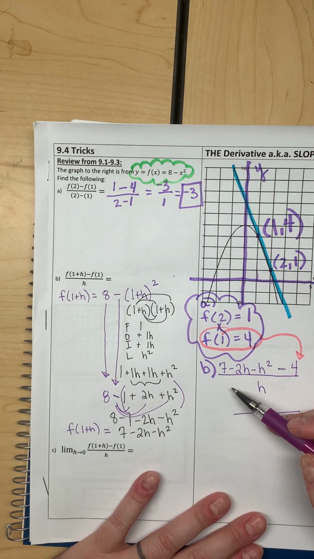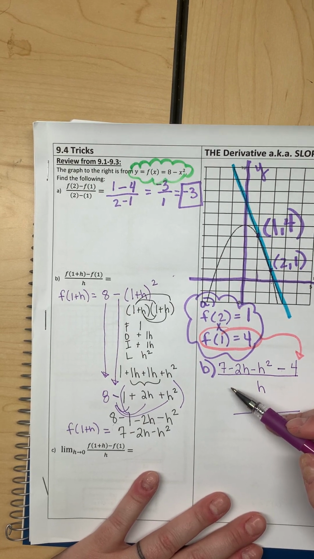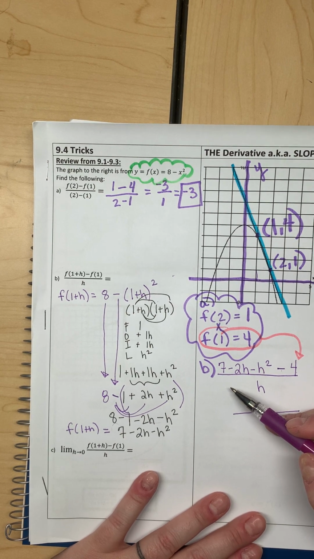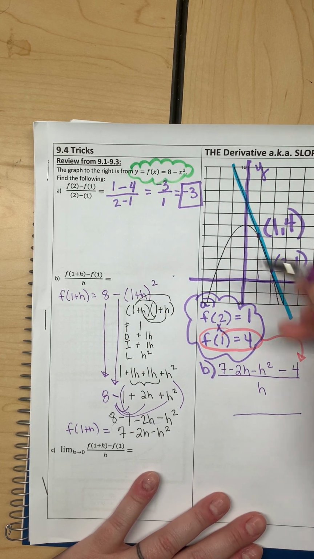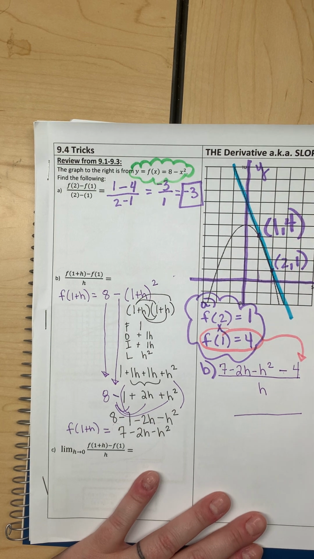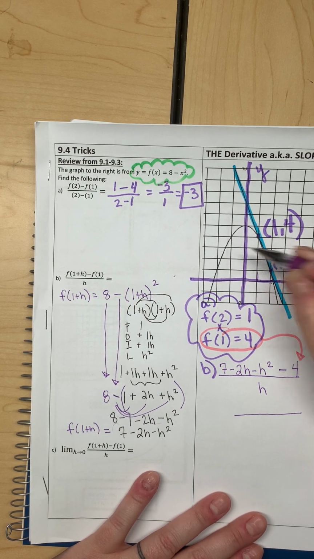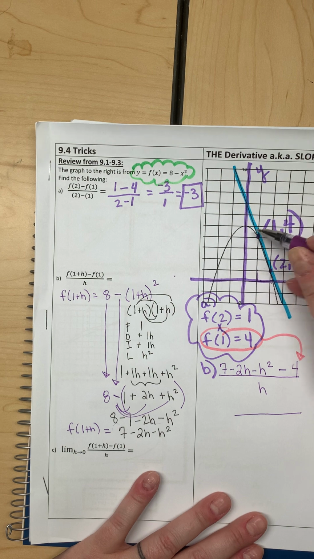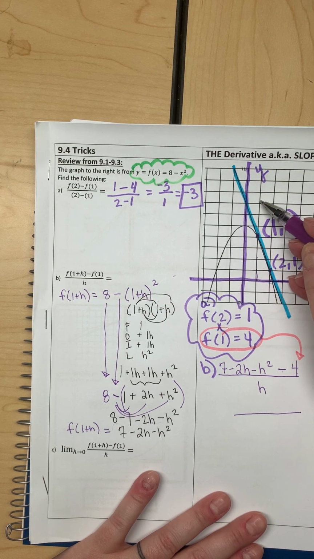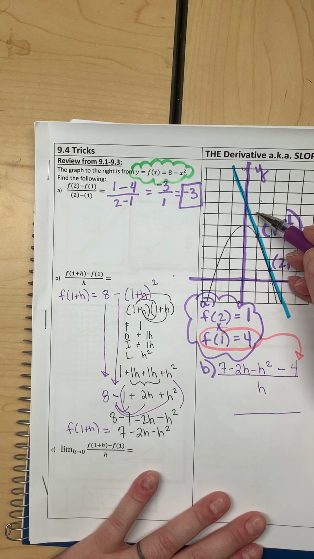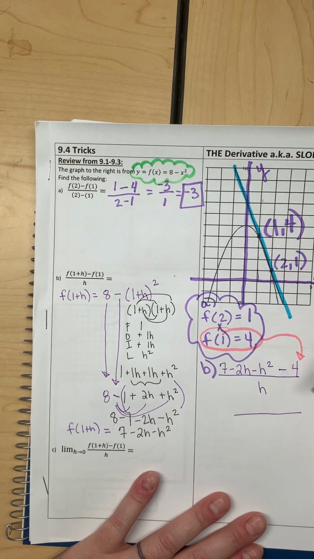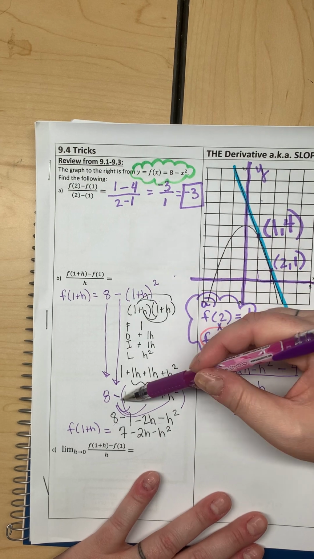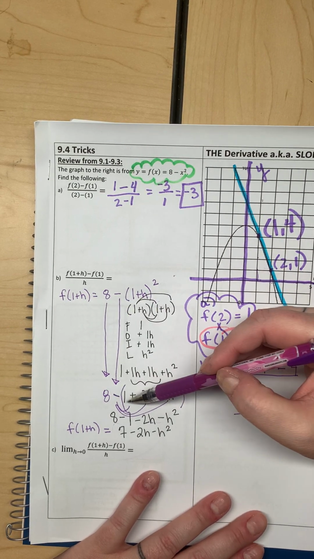but something's different. Something's weird here. I really don't want to have to do this all over again. 8 minus 1, 7.